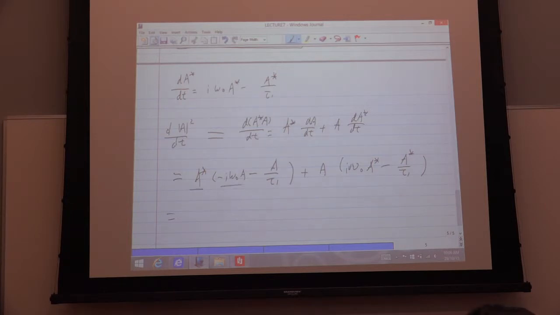You can see the oscillatory terms cancel each other. Finally, we just have minus 2 A squared over tau 1.